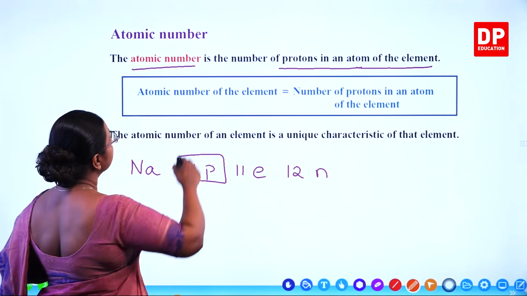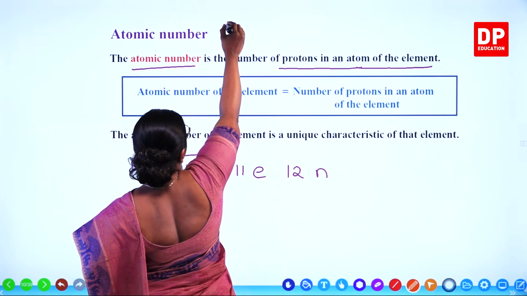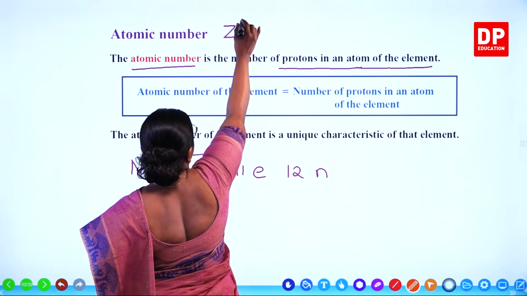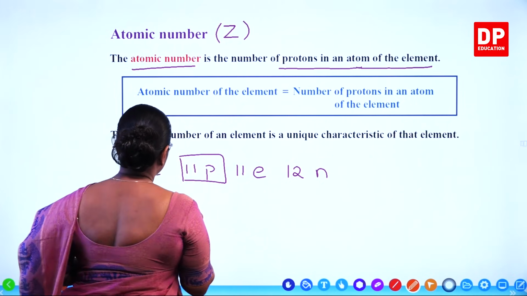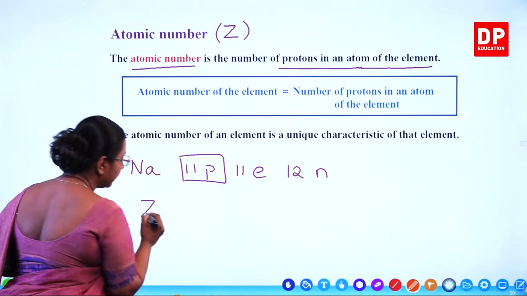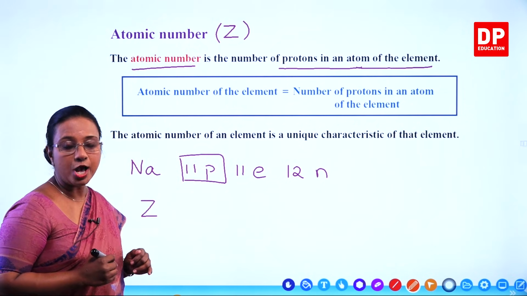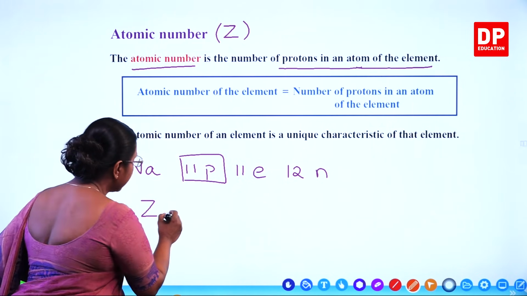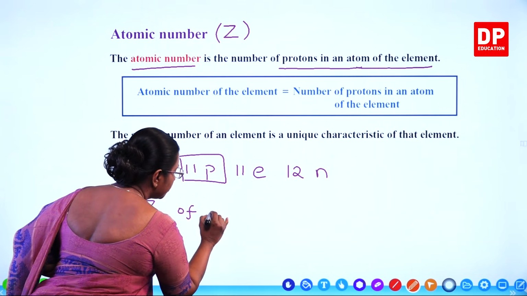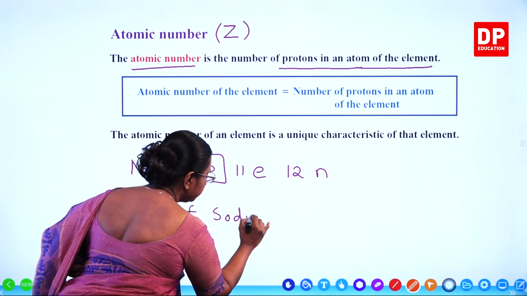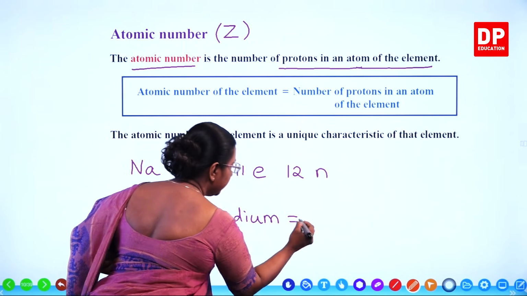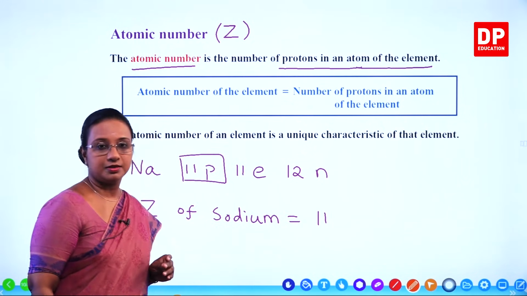And for atomic number, we give the symbol Z. So we can write capital Z is the symbol for atomic number. Z of sodium is equal to 11.